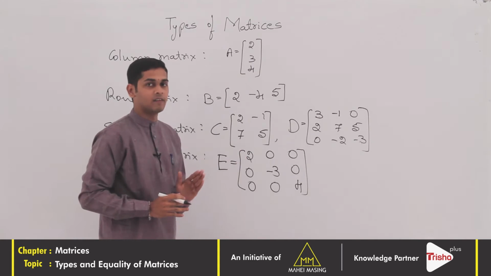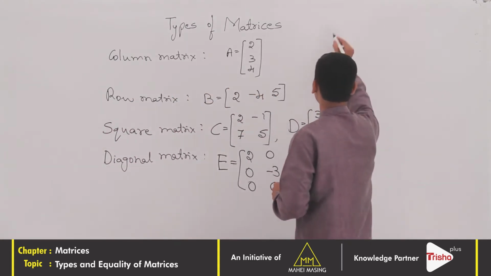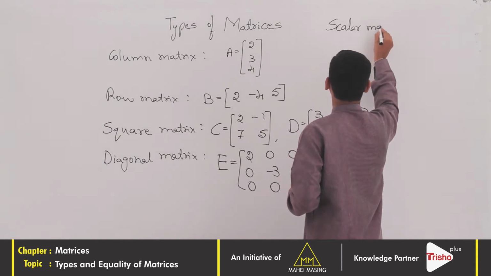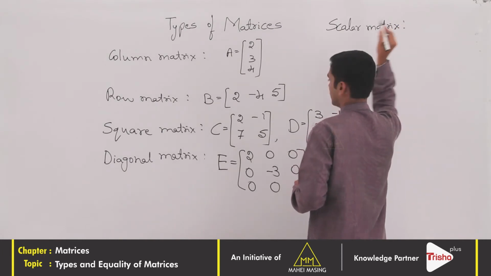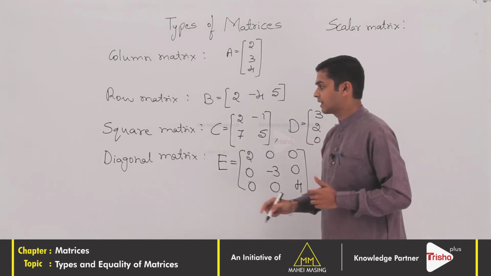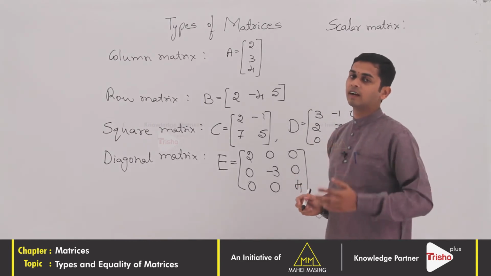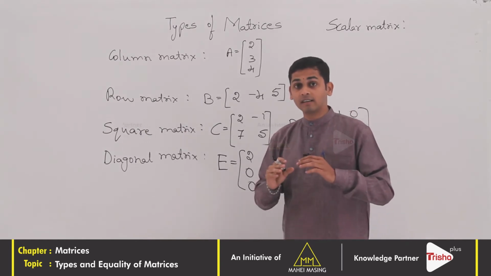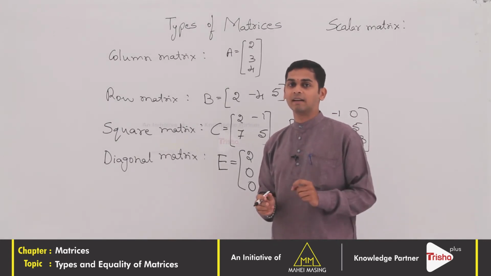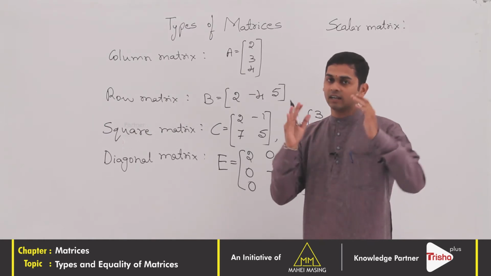Now let me define a scalar matrix. How to define a scalar matrix? There is a connection between a square matrix and a diagonal matrix, and again there is a connection between a diagonal matrix and a scalar matrix. A diagonal matrix is said to be a scalar matrix if the diagonal entries are equal.